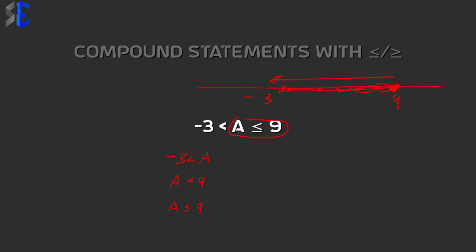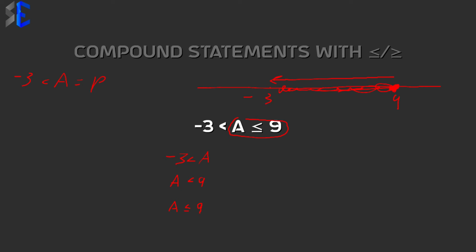So let's just assign each of these their own variable name. Let's just say that -3 is less than a is going to be equal to p. Again, we're just storing these as variables because it's called a logical statement, and you're stuffing all of this inside of this one variable.